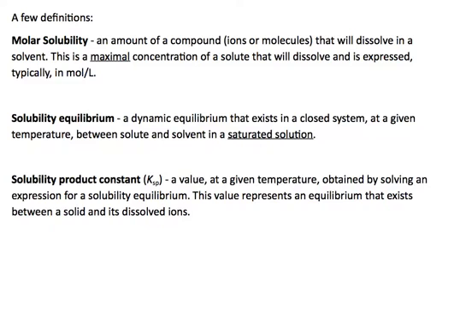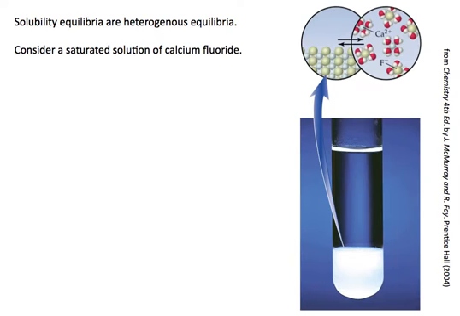The solubility product constant, Ksp, is the value at a given temperature attained by solving the expression for solubility equilibrium. It represents the equilibrium between the solid and its dissolved ions, again in a saturated solution. So a few definitions to keep in mind as we go.